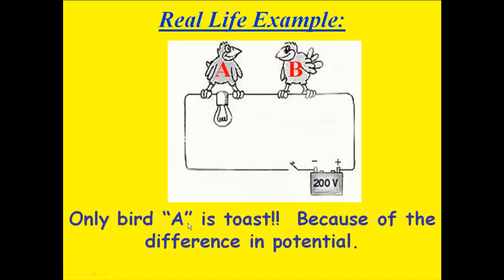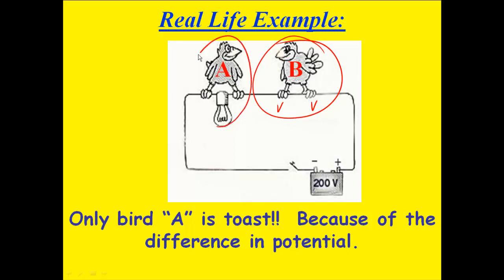Now, let's put this to a real-life example. You've seen birds perched on a wire. Why don't they get fried? Well, if there's no difference in potential, in other words, a voltage difference from one side to the other, there's no reason for the current to flow. We would say bird B is at the same potential.